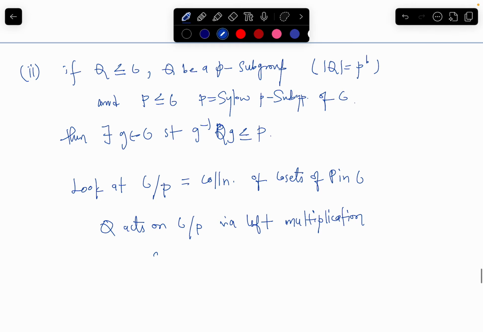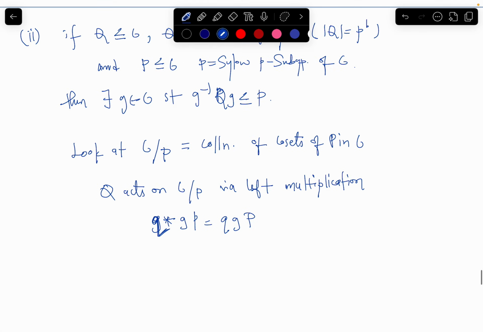That is, let us denote elements of Q by small q. Again, the size of the orbit divides the size of Q, which is P to the power b.